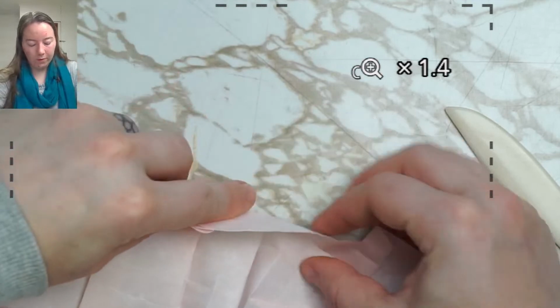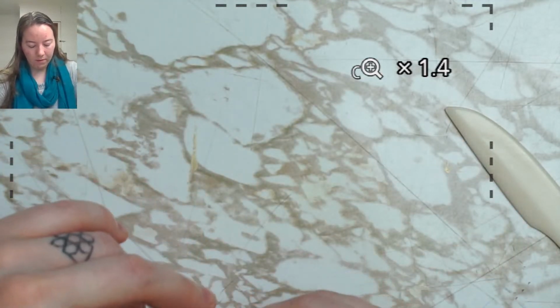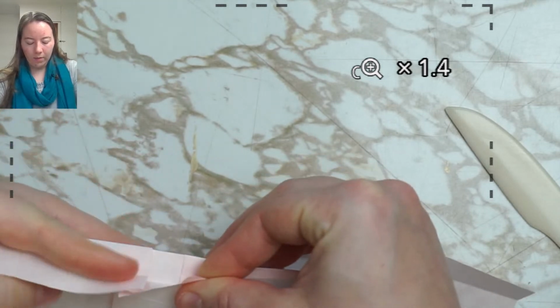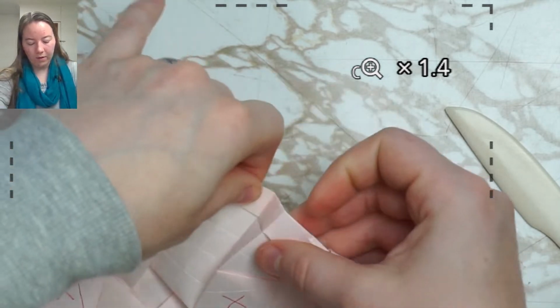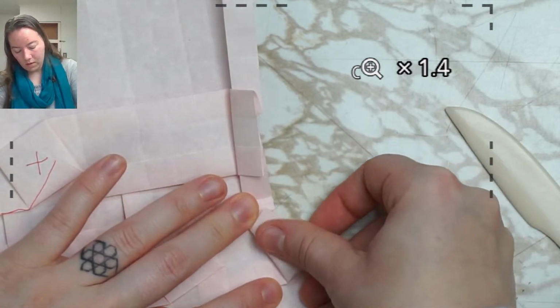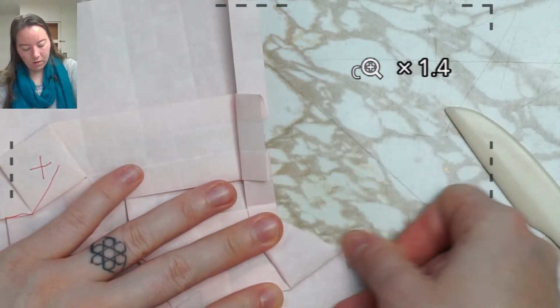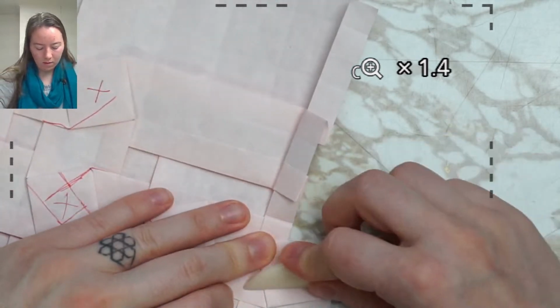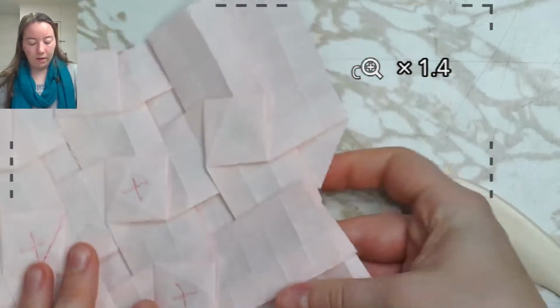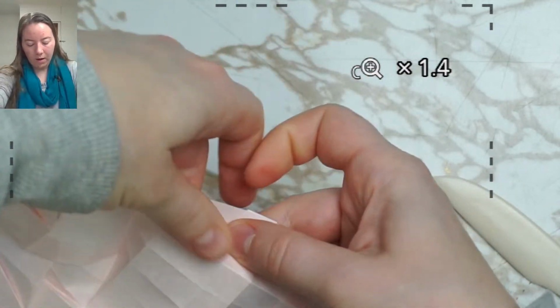So I'm reversing this pleat overlap. And yes, this is a little bit harder to visualize as you reach the edge of the paper. And then flipping over, I've got another one.